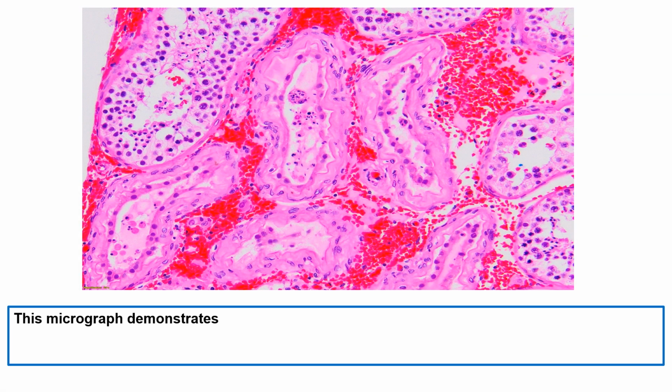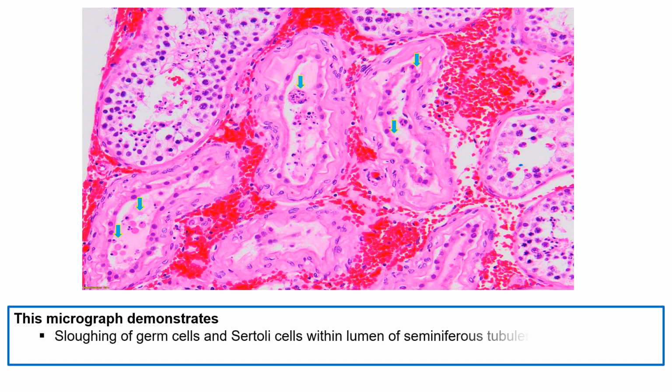This micrograph demonstrates sloughing of germ cells and Sertoli cells within the lumen of seminiferous tubules, thickened and edematous basement membrane.